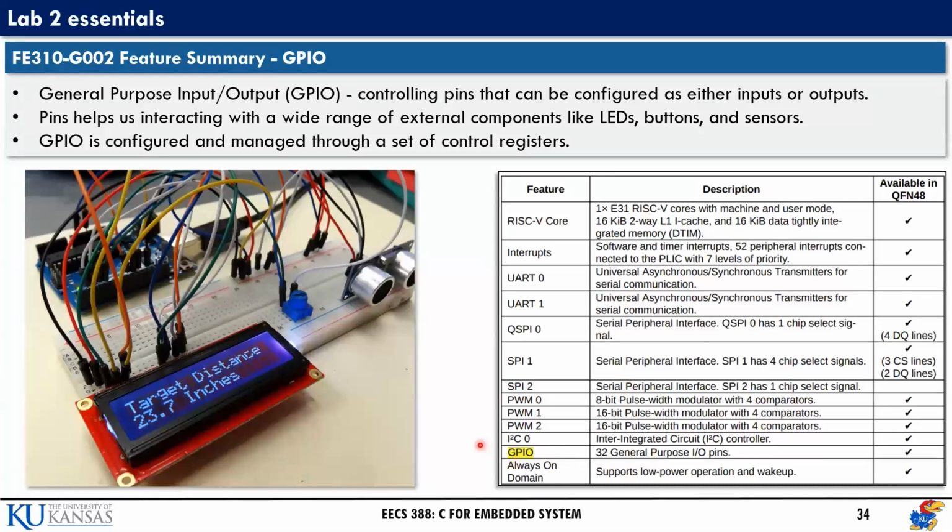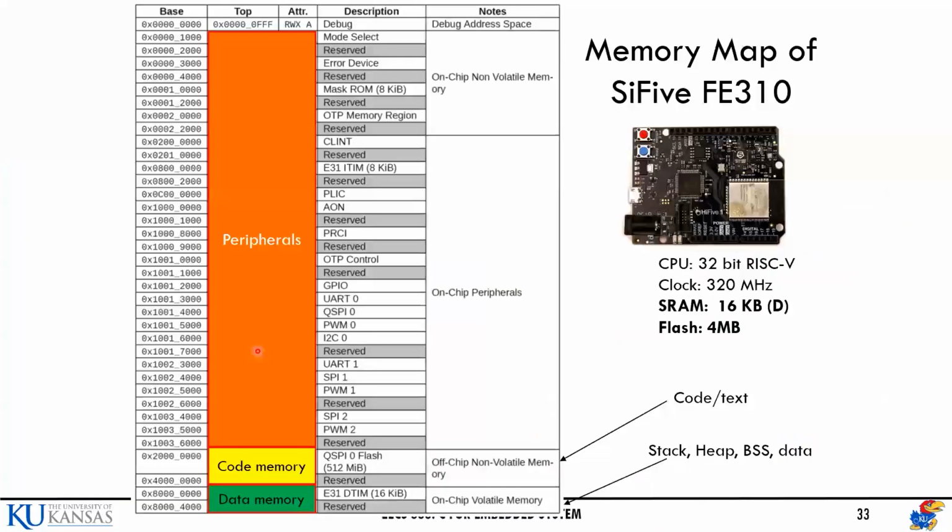Each pin can be controlled using a register, and these registers have base addresses. You can see here this GPIO has the address of 0x10012000. So we can control those 32 pins using the registers that have these memory addresses.